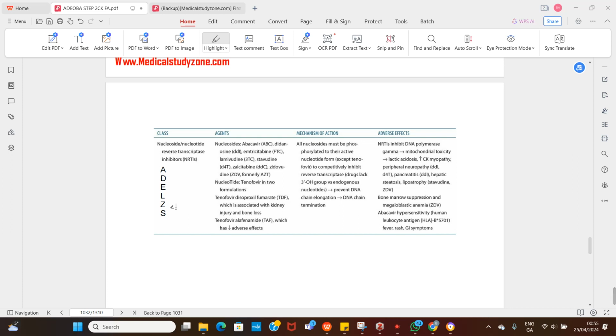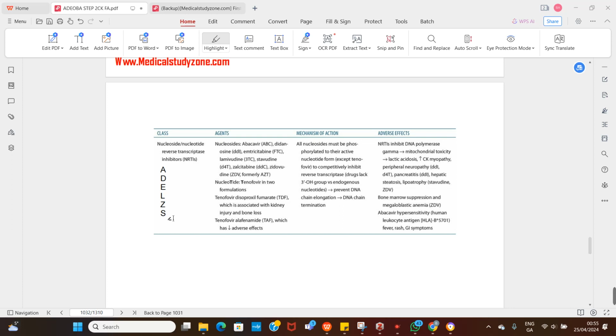You have to give zidovudine. It's compulsory. Then the last is stavudine. So going back again, A for abacavir, D for didanosine, E for emtricitabine, L for lamivudine, Z for zidovudine, and S for stavudine.